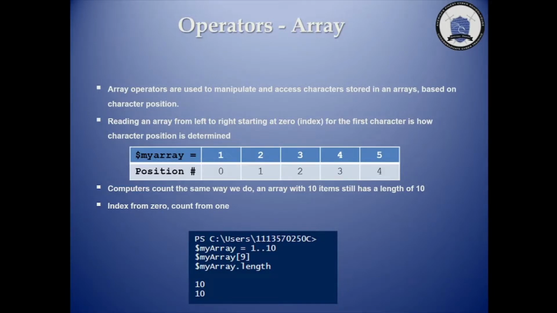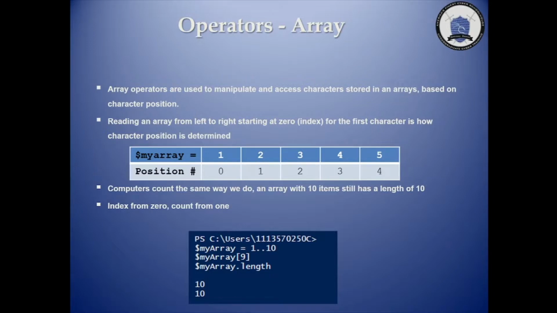Alright, so now I'm going to go over array operators, specifically on indexing with arrays. So index in arrays is the position of something in an array. So let's say we want to pull out something from an array in a position, we use the position or the index of the array.